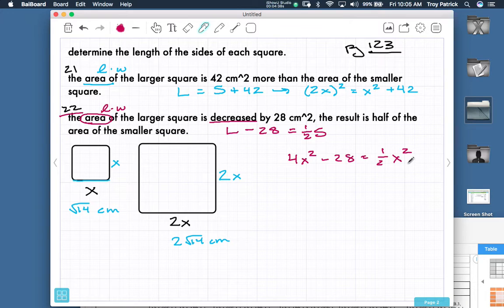I'm going to add 28 to both sides to get it to be positive instead of negative, and I'm going to move this x squared over here. So I'm going to do 4x squared minus half x squared. That'll give me 3.5x squared, or if your calculator does it, it'll probably be 7 over 2 x squared, equals 28.